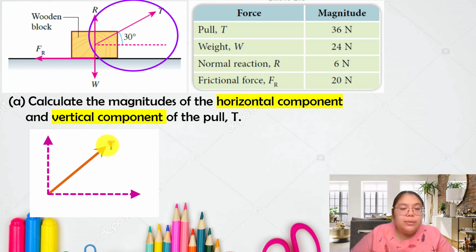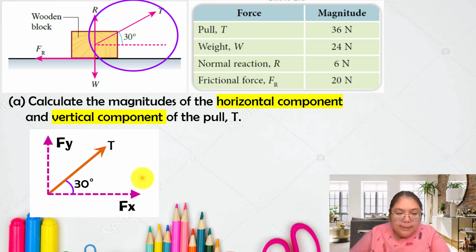Now we need to mark where the angle is. The angle should be near the horizontal. That's 30 degrees, which I just copy from the question. Next I need to label Fx and Fy. This one is Fy, this one is Fx. Then we do the calculation.